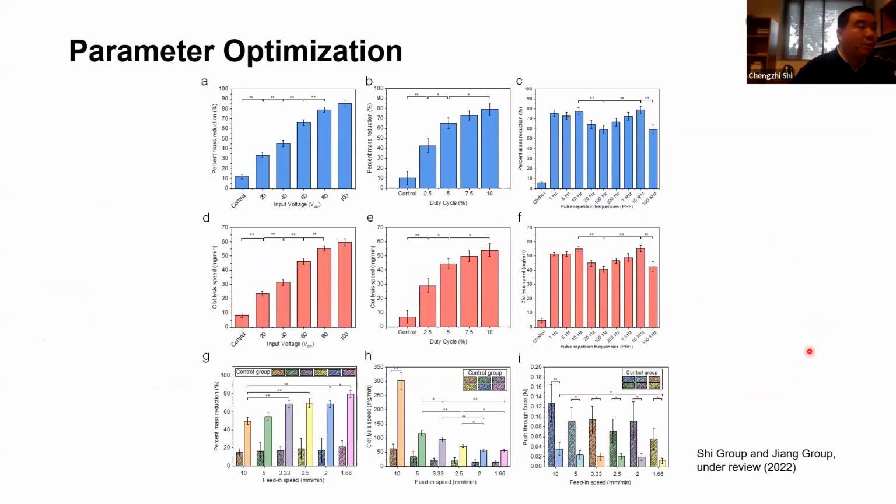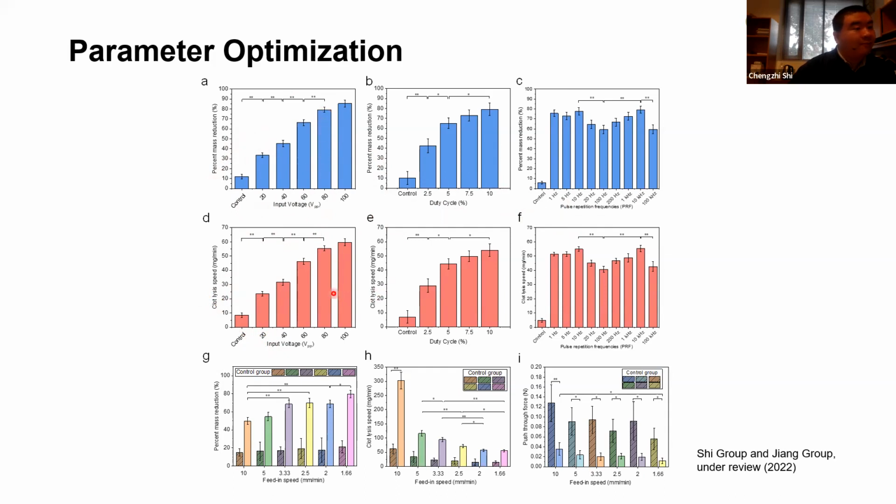Okay, and we went ahead to study parameters like the input voltage, duty cycle, and also the pulse repetition rate. And we can see that, as expected, if we increase them, we can increase the clot lysis speed and also the mass reduction rate.